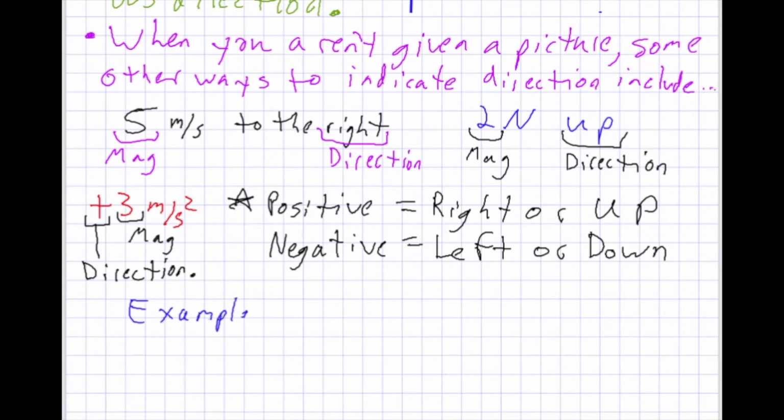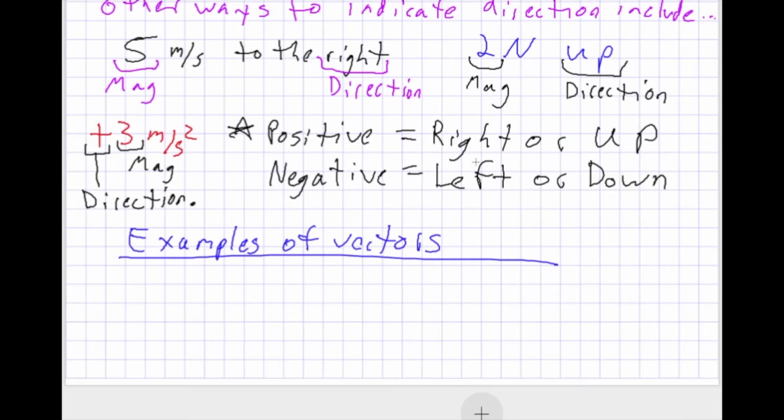Let's talk about a few examples of what vectors are. So what are some quantities or some things that are vectors? So we just said that a vector is anything with magnitude and direction. So we need to think about what quantities have we come across so far that have a number and a sign associated with it. Well, we've talked about velocity, right?